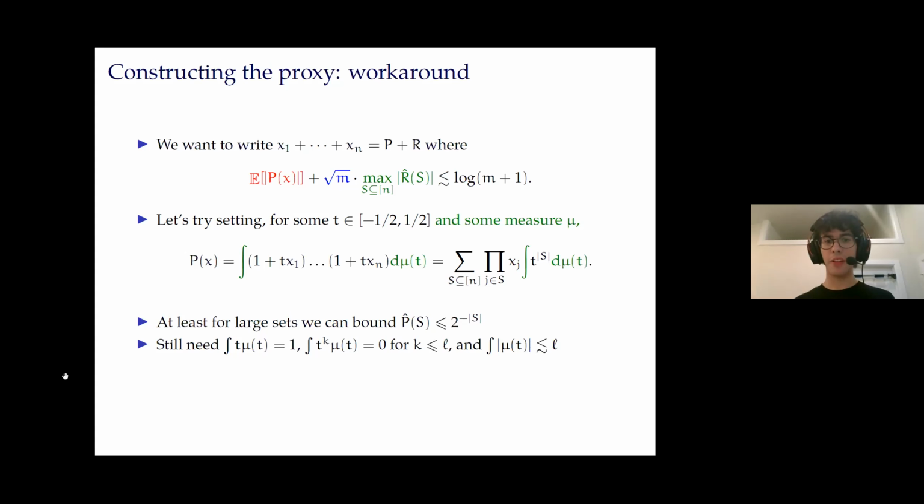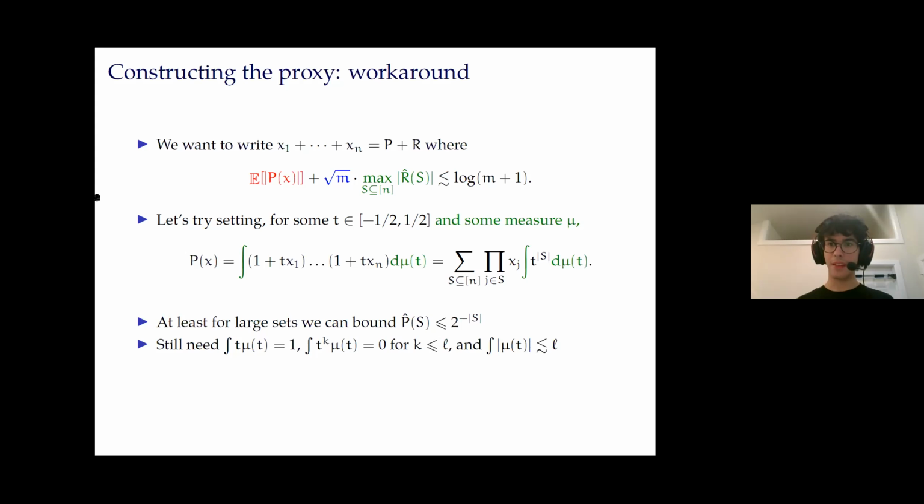For our purposes we could have set them to a small number, but you can actually take it exactly to 0 here. Another thing we want to make sure of is that the L1 norm, which corresponds to this red term here, is also upper bounded by this L, which is logarithmic in m. And basically, if we can find this function mu, then we are done.